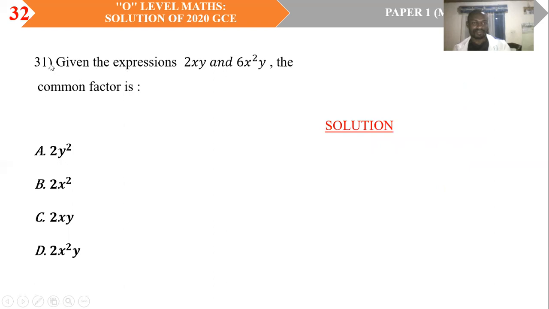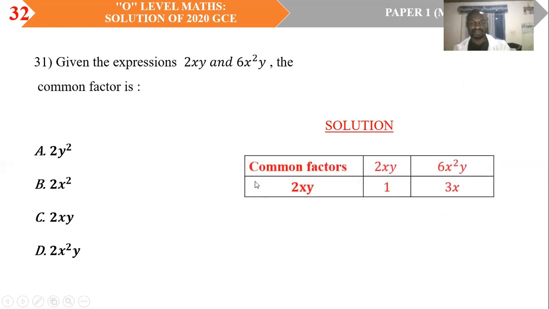Question 31. Given the expressions 2xy and 6x squared y, the common factor is... Solution. Common factors. Let's factorize this expression. We have 2xy and 6x squared y. We factorize what is common in both expressions.